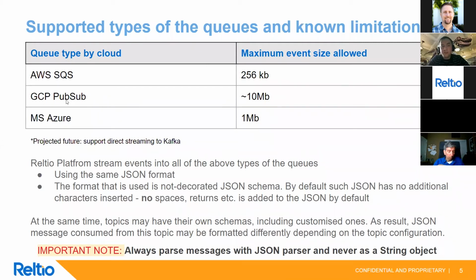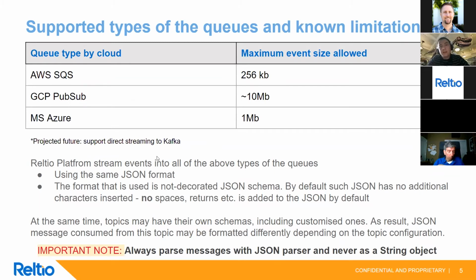We recently hit this with PubSub, where in Google PubSub you can have your own schema on top of it. And once you stream your event into PubSub, it will change the JSON and format it according to this new schema. By default, it matches the format we stream, but you may have a non-default one, so check that.